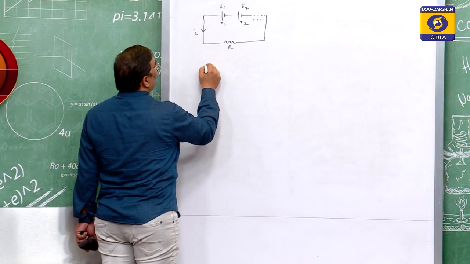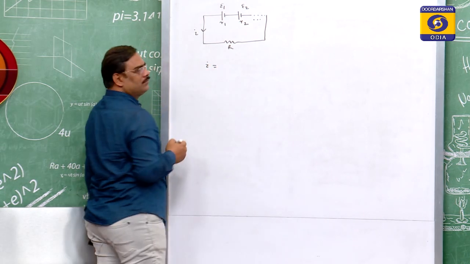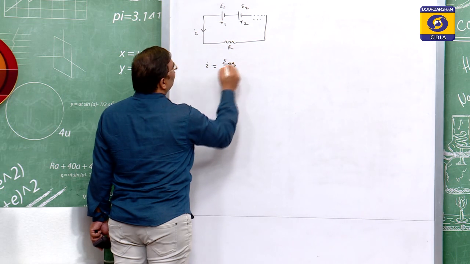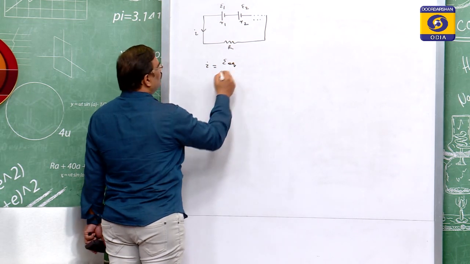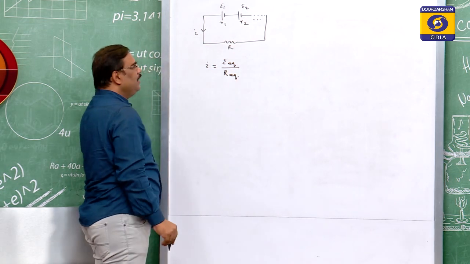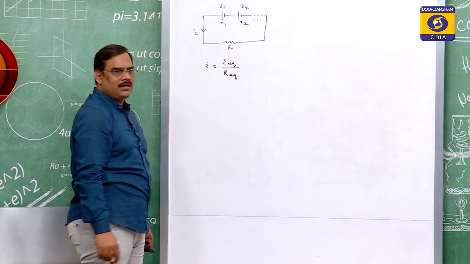So, therefore, my current in the network will be how much? E equivalent divided by R equivalent.